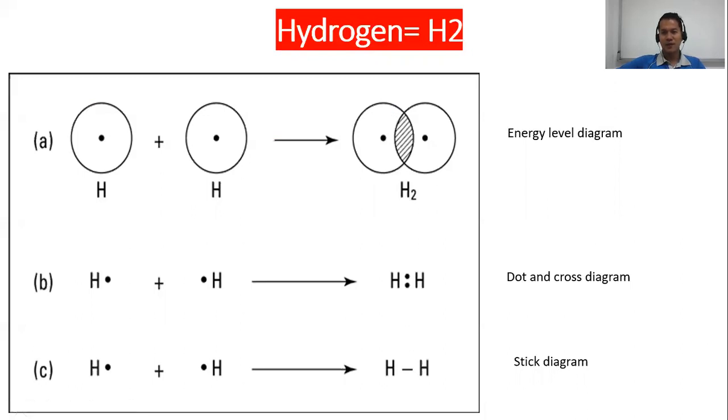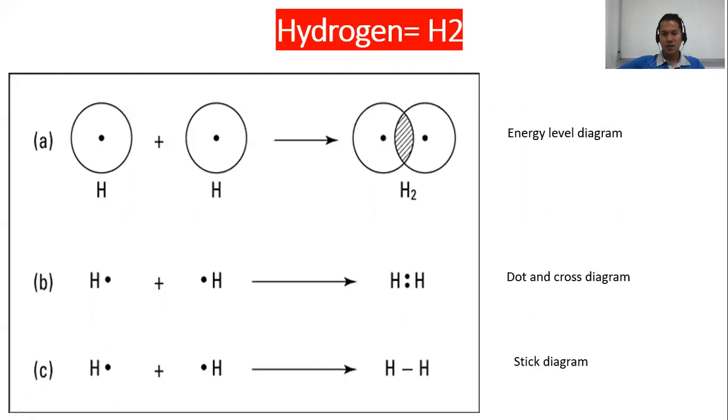The octet rule, remember? Although this is not an octet, because this is in group 1, period 1, this atom will have 1 electron and a maximum of 2. So if this atom has 1, it needs to share 1.